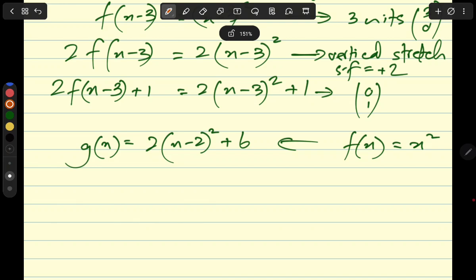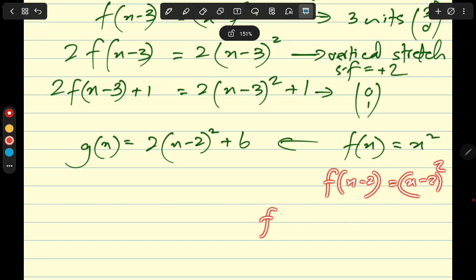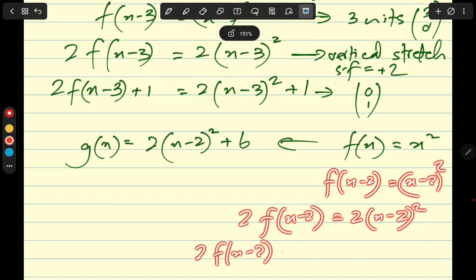First of all, this was f of x minus 2, so this becomes (x minus 2) whole squared. Then this was 2 times f of x minus 2, so this becomes 2 times (x minus 2) whole squared. And then this was 2 f of x minus 2, plus 6. So this becomes 2 times (x minus 2) whole squared plus 6.